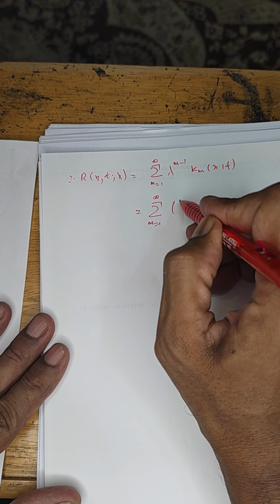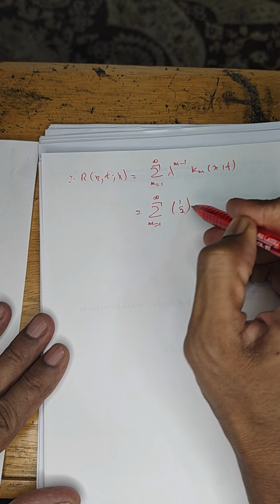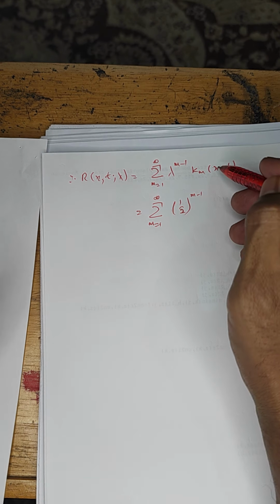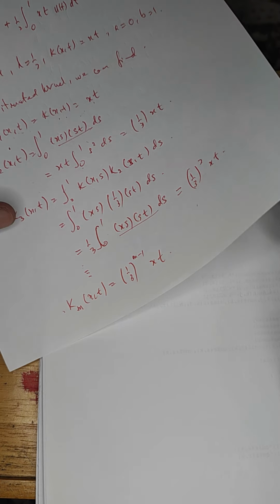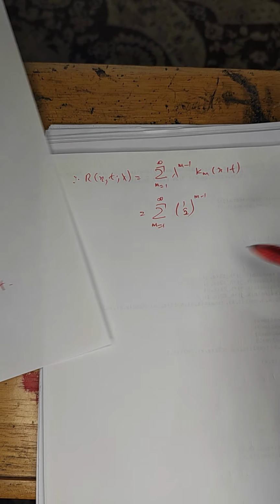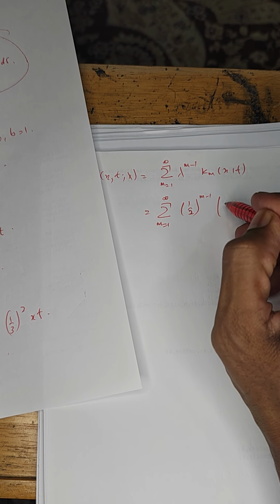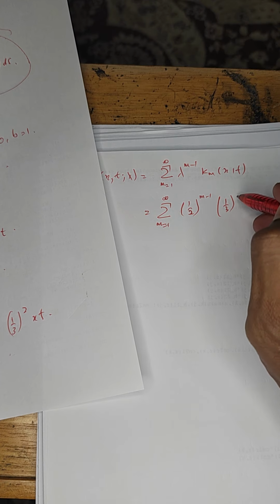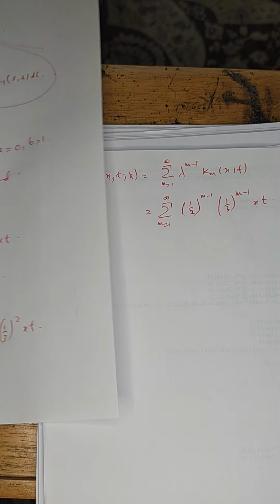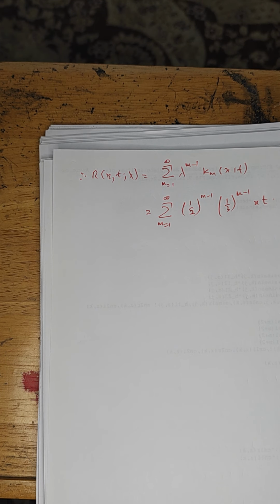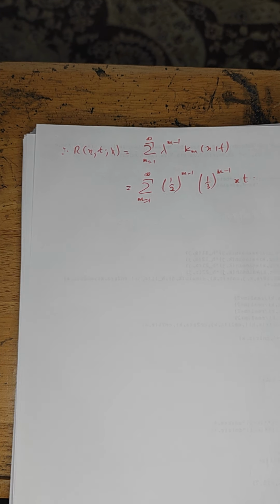Our lambda is half, and K_m is what we obtained here, so we have (1/2)^(m-1) (1/3)^(m-1) xt.